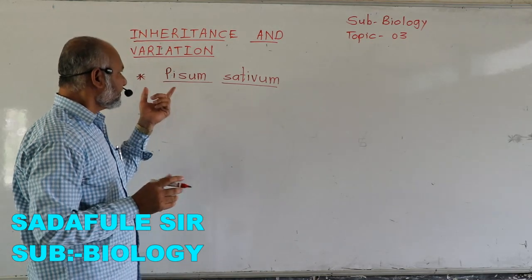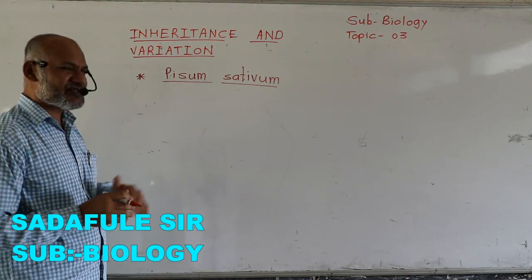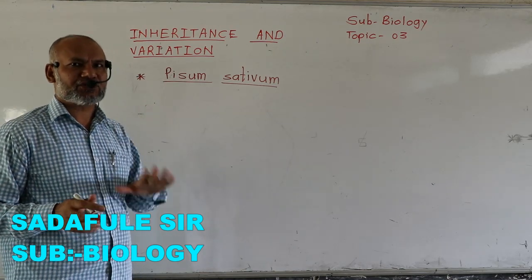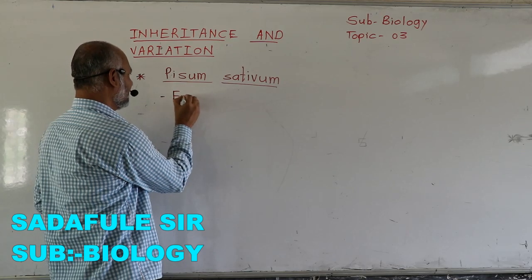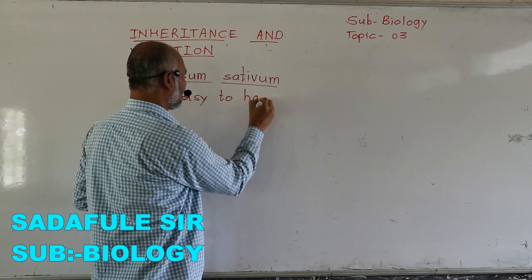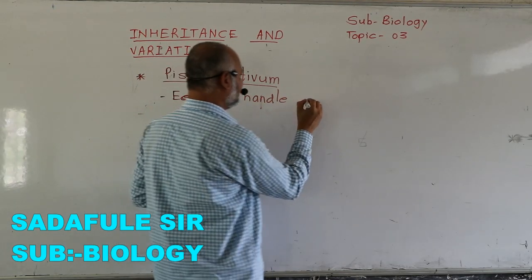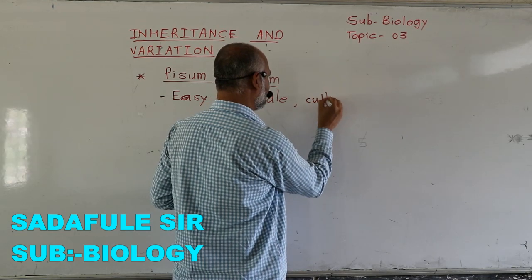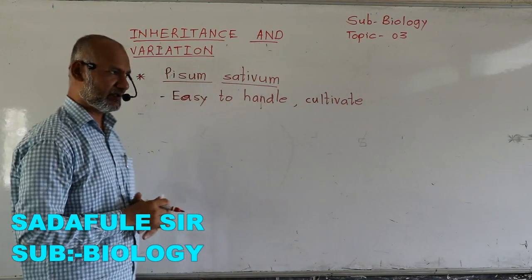This pea plant, Pisum sativum, is not too small or too large, and hence it is easy to handle and easy to cultivate.